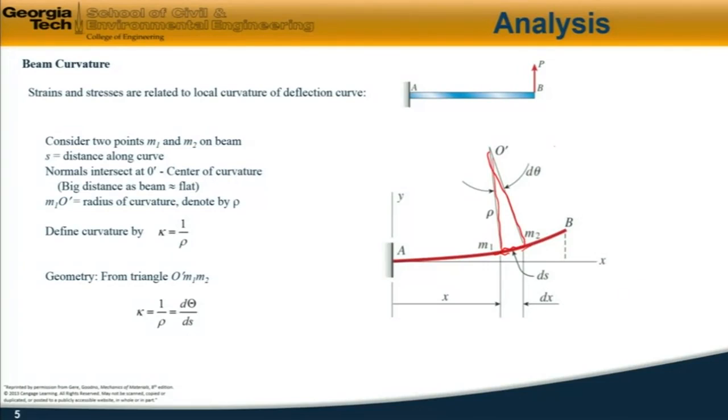We find that kappa is equal to 1 over rho, is equal to d theta by ds, where d theta is the angle between these two segments, and ds is the distance along there. However, because the radius of curvature is very large and the beam is fairly flat, ds is approximately equal to dx, the horizontal distance, so that is approximately equal to d theta by dx.